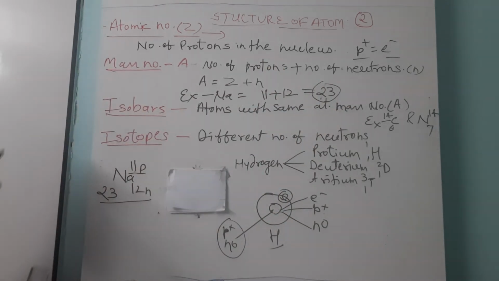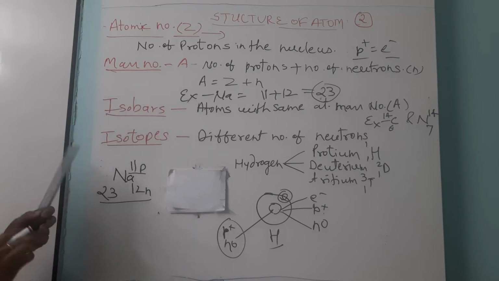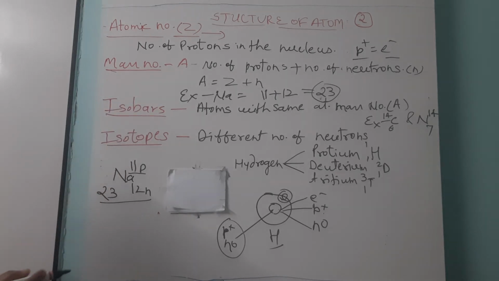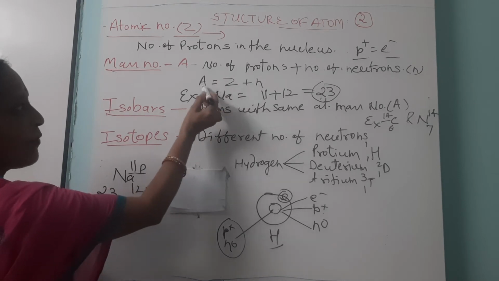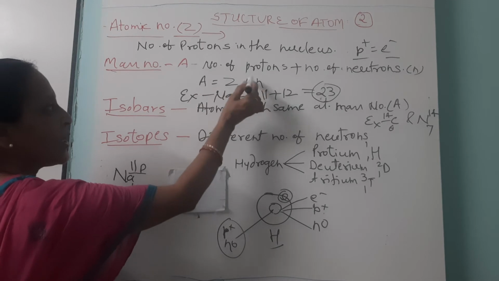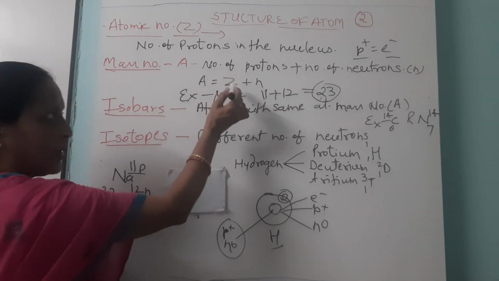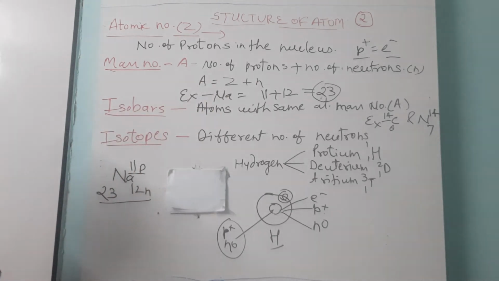In this way we can find the atomic mass number for any element. Students, in the examination the question is like this: among these three values, if any two values are given, the third one we can easily calculate.